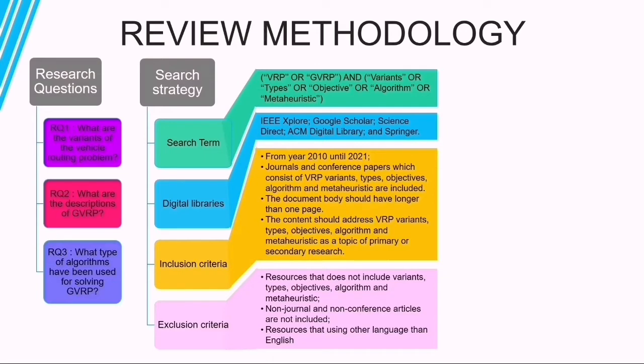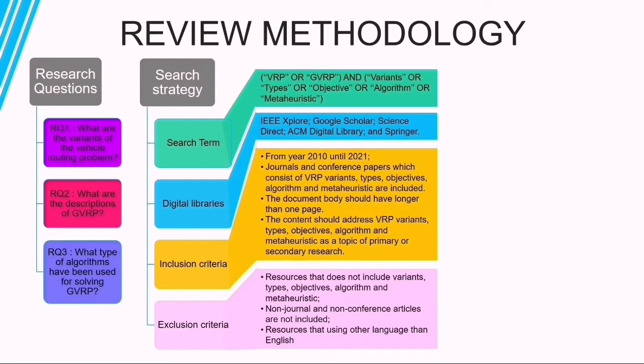The inclusion criteria that have been set are: from year 2010 until 2021, journals and conference papers which consist of VRP variants, types, objectives, algorithms, and meta-heuristic are included. The document body should be longer than 1 page. The content should address VRP variants, types, objectives, algorithm, and meta-heuristic as a topic of primary or secondary research.